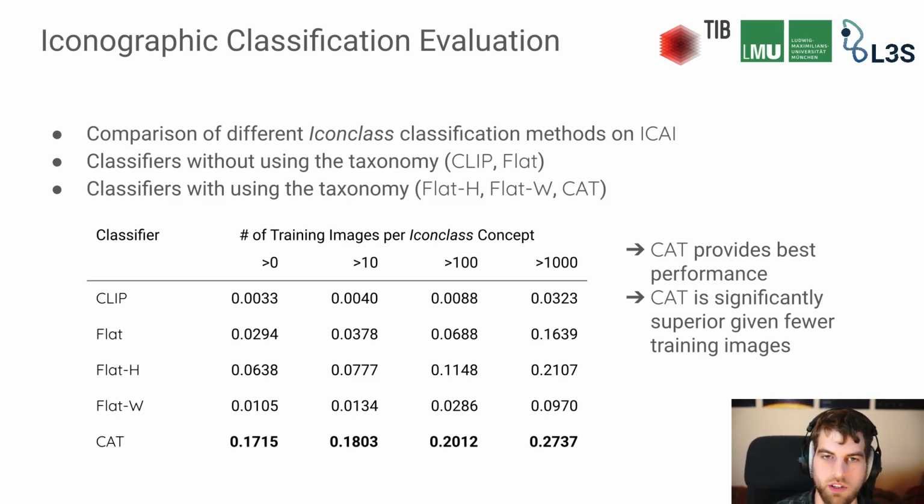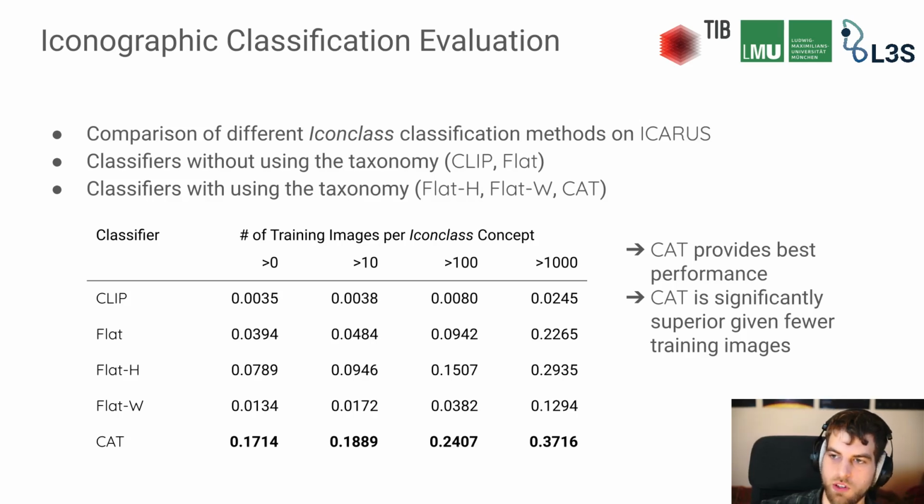We use the same metric as before and the same subgroups. The outcome here is that CAT performs best of our classifiers, and luckily for us, CAT basically doubles the performance for rare concepts, or concepts with few examples in the training data set.